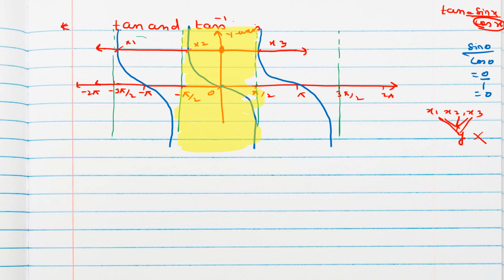Okay, so if I draw this one separately, it will be like this. And at pi by 2 and minus pi by 2, it is undefined.